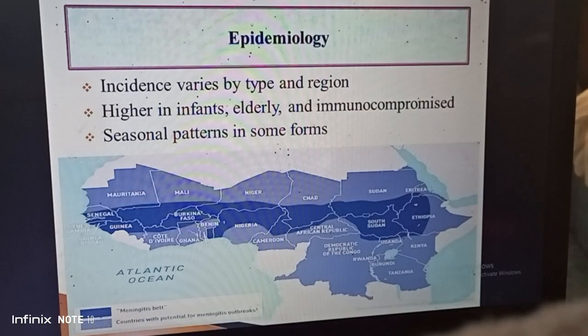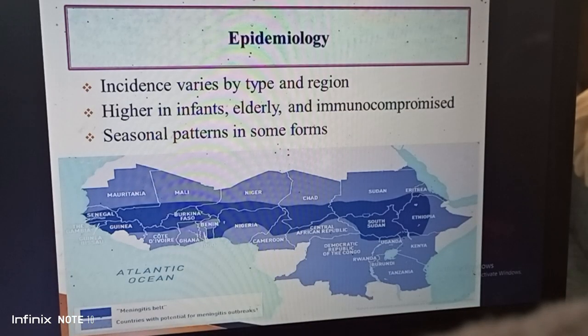The next is viral meningitis, and the others are fungal, parasitic, and non-infectious conditions. As we previously mentioned, non-infectious causes can also cause meningitis. Sorry, I think this slide is not clear. Don't worry, we'll see each and every type of meningitis in detail in the next slides.